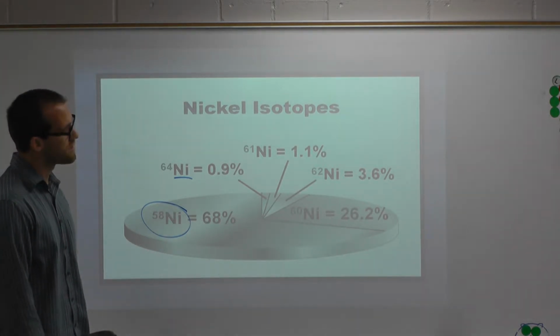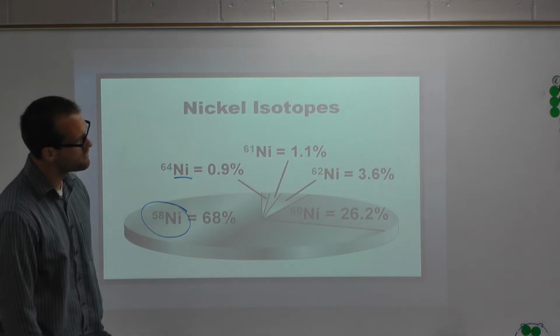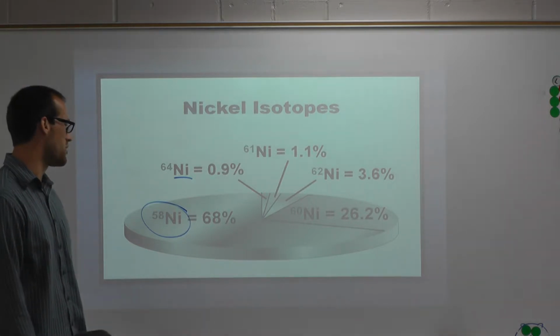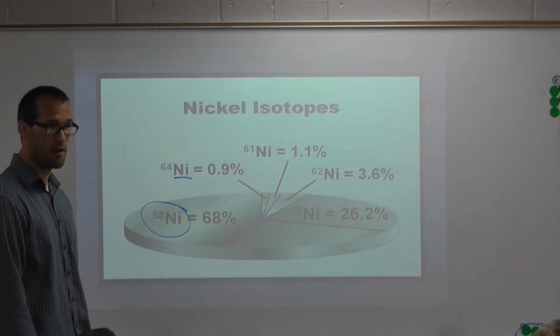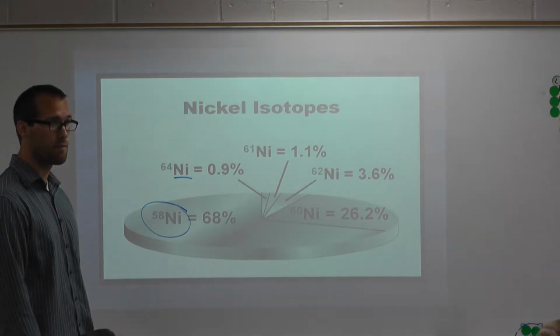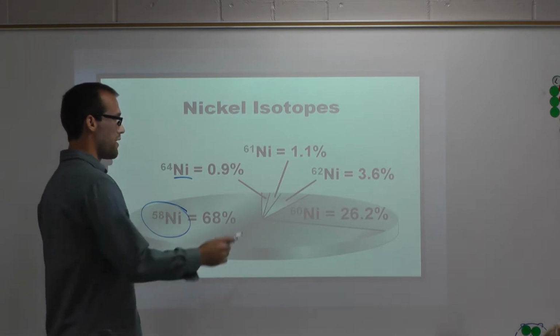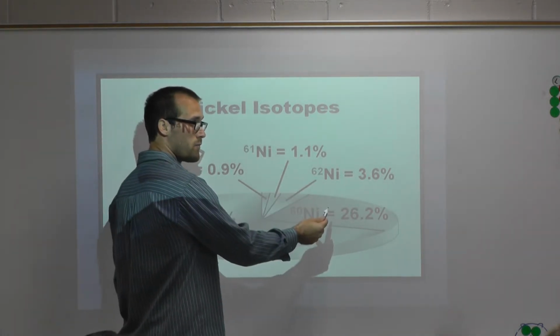Okay, how many protons does nickel have up there? 28. So then how many neutrons does the most naturally occurring nickel form have? 30. Everyone see it? But do you see how there are some other forms as well?